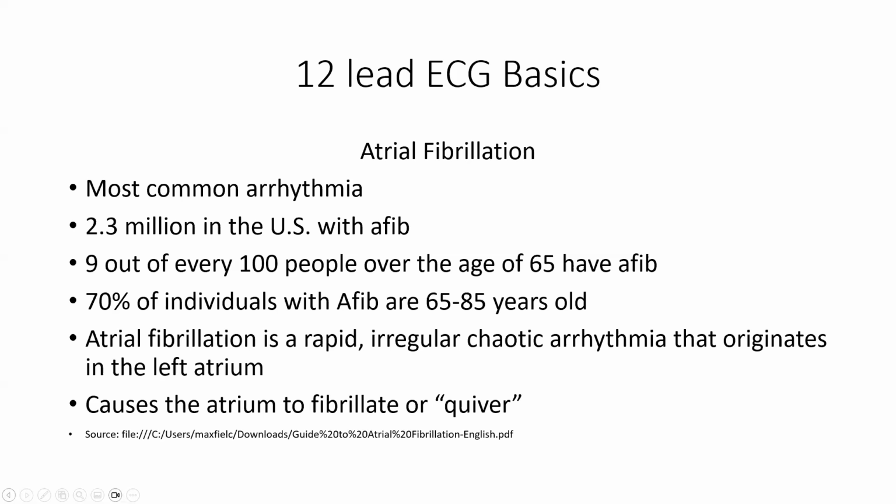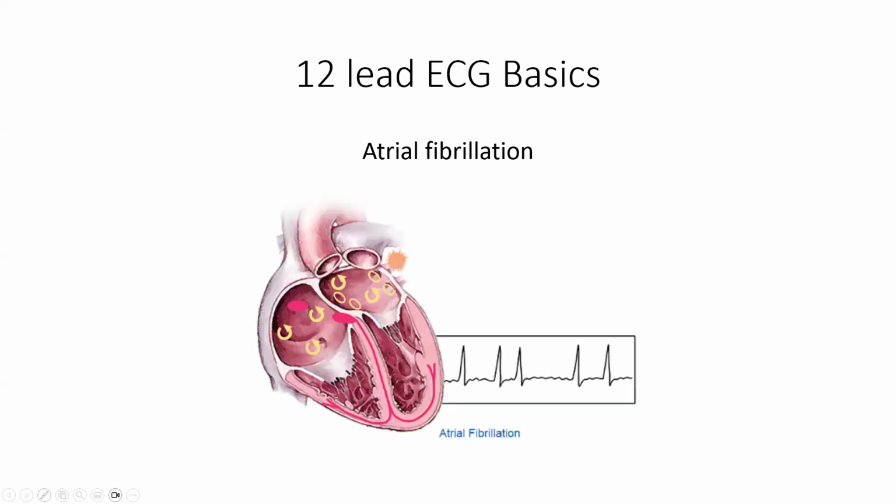Respiratory illnesses can be a trigger. Being in heart failure can be a trigger. Heart failure can also trigger AFib. So if someone has both, it can often be a chicken or an egg issue, like what came first.